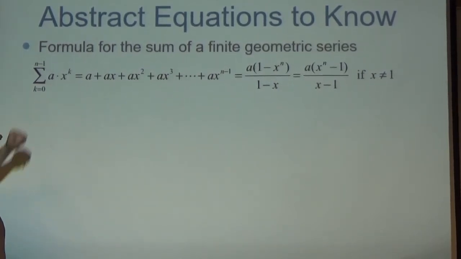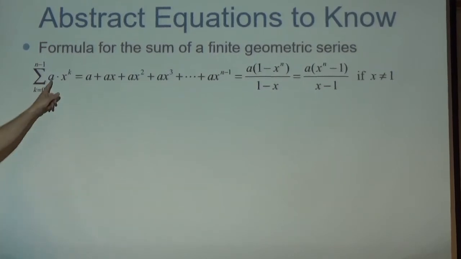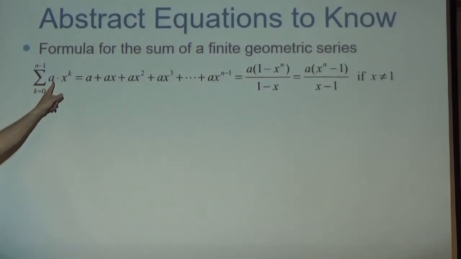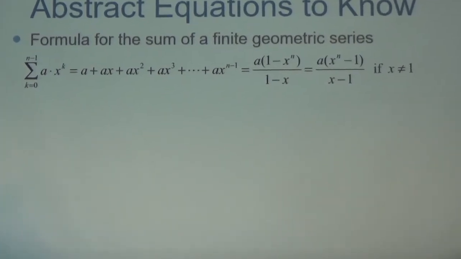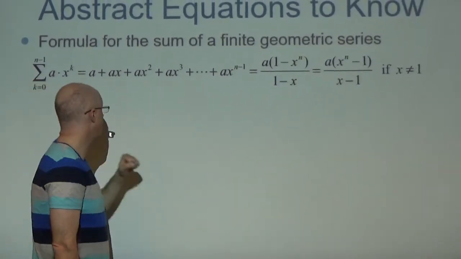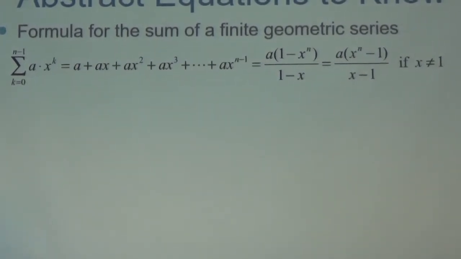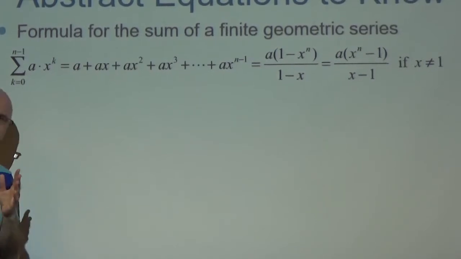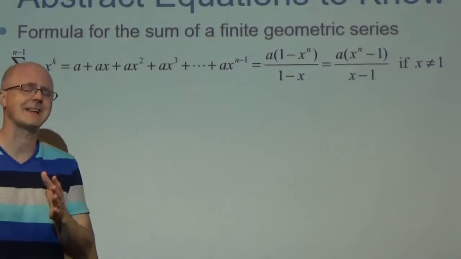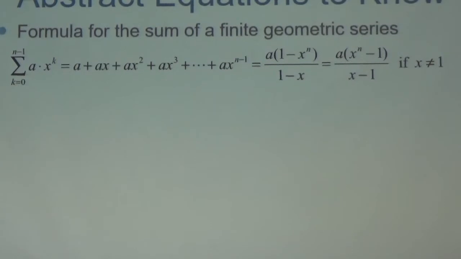Here's a formal way to write it in summation notation. You're adding terms of the form a times x to the k power, where k goes from 0 to n minus 1. If you write that out without the summation form, it looks like this. We take x to the 0 power to equal 1. Technically, 0 to the 0 power is actually undefined, but we don't worry about that.